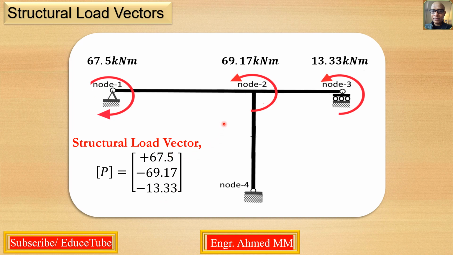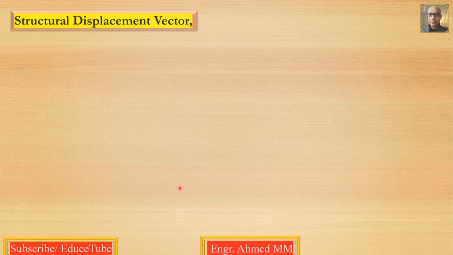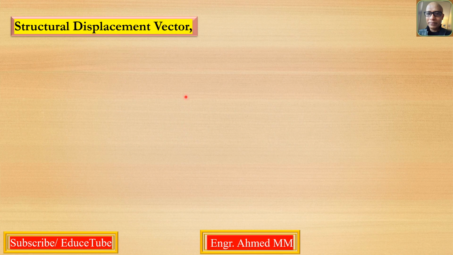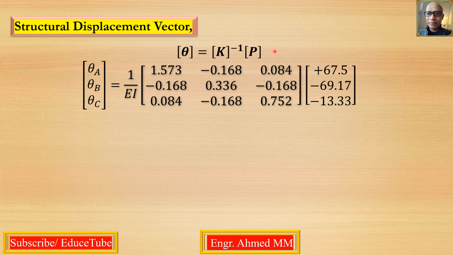The rotations, the structural displacement vector, we will calculate using this. We will find it using K inverse, the inverse of the stiffness matrix.